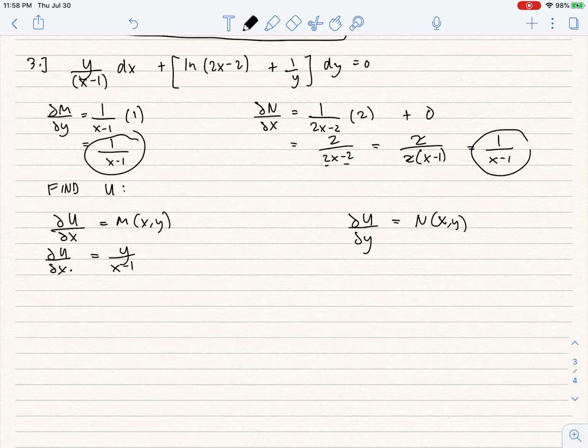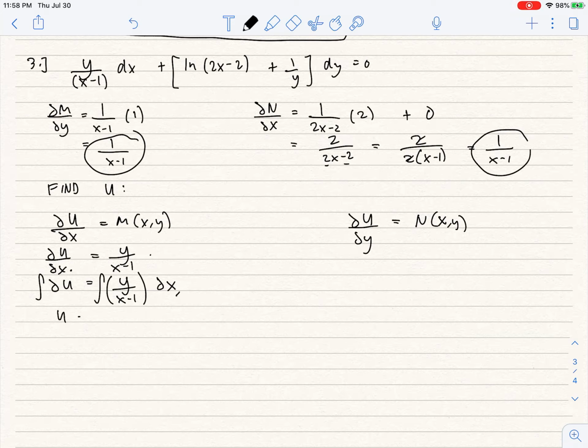Then move this to the right side of the equation. This is just the partial derivative of u is equal to open parenthesis y over x minus 1 close parenthesis partial derivative of x, or dx. Okay. So next is integrate both sides with respect to x.